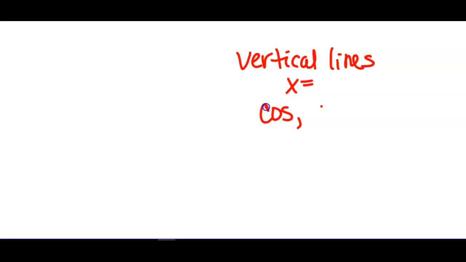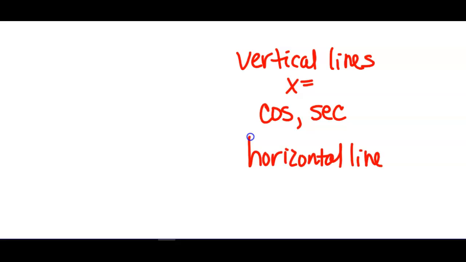Vertical lines are x equals lines, so they would work for cosines and secants. Okay? Horizontal lines are y equals lines, and y is your sine or your cosecant.